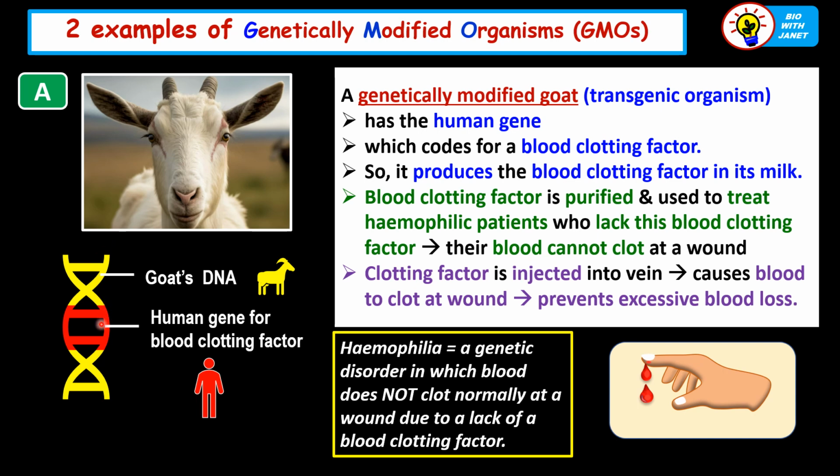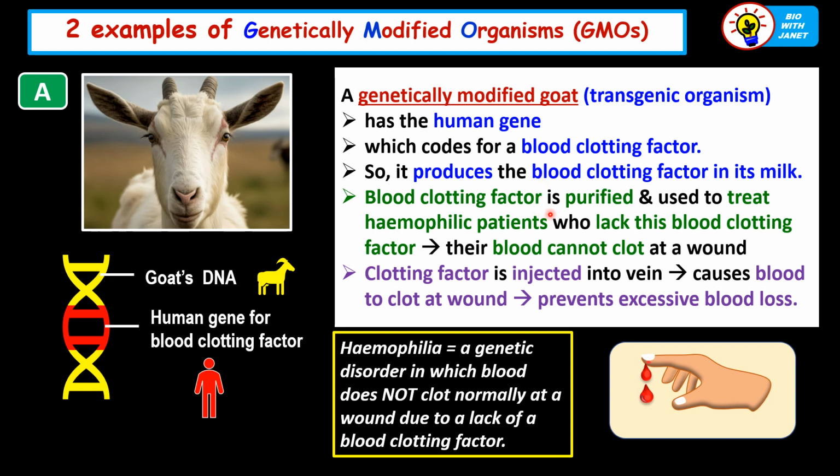Inside the goat's original DNA strand, the human gene for blood clotting factor had been inserted. This enables the goat to produce the human blood clotting factor that can help the blood to clot at a wound. With this human gene, it's able to produce the blood clotting factor in its milk.